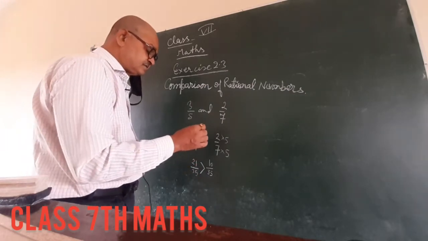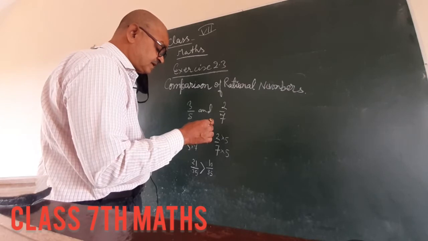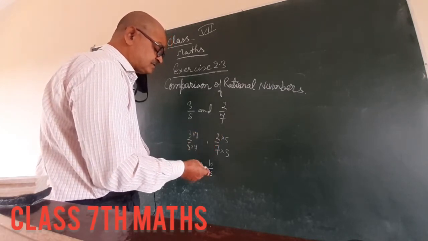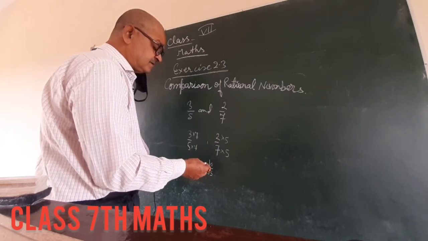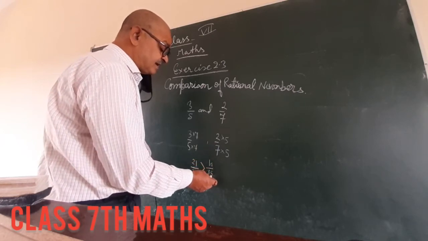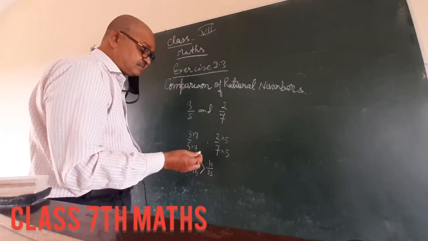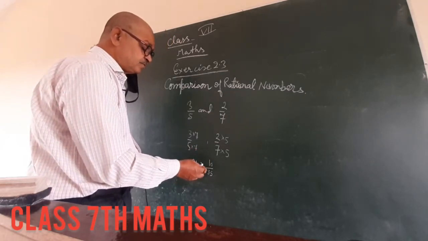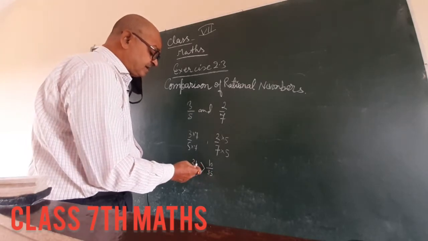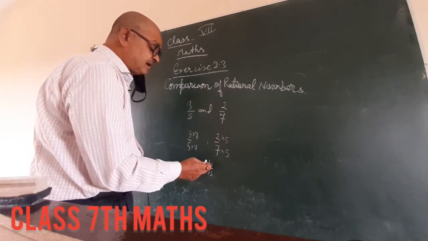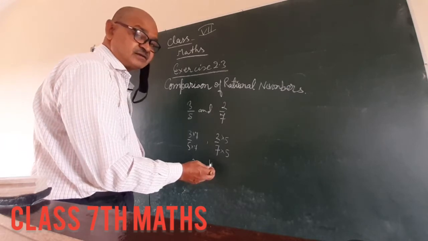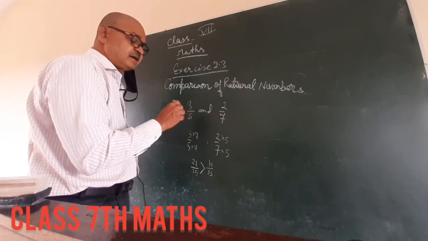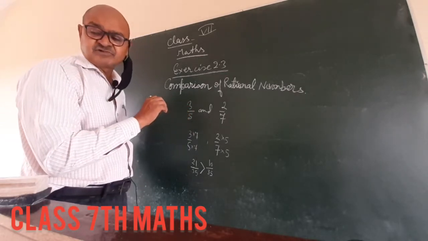If you want a smaller number, we can also do that by the same method. 10/35 is smaller than 21/35. So 21/35 is greater and 10/35 is smaller. By this method we do all these questions.